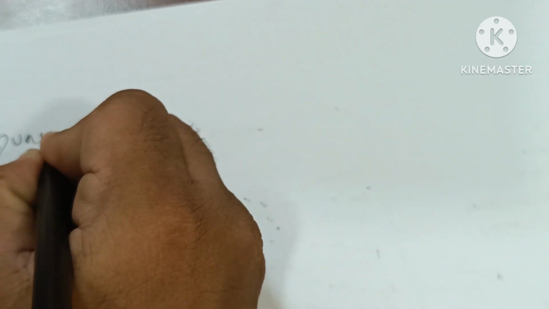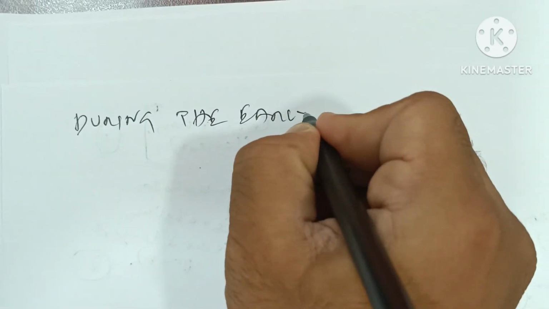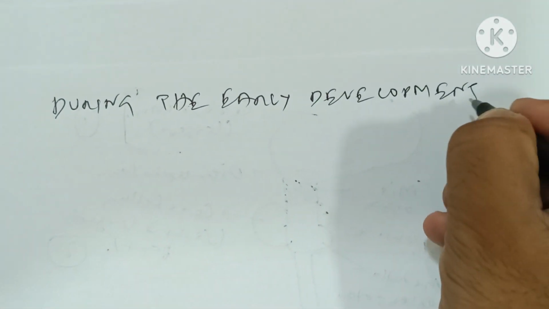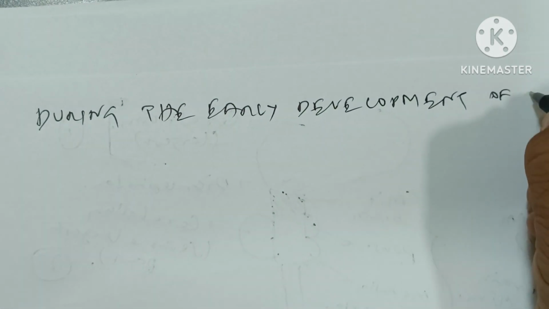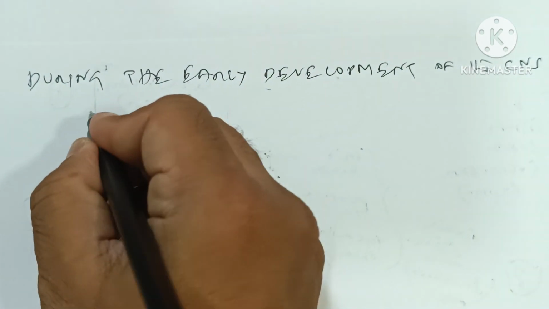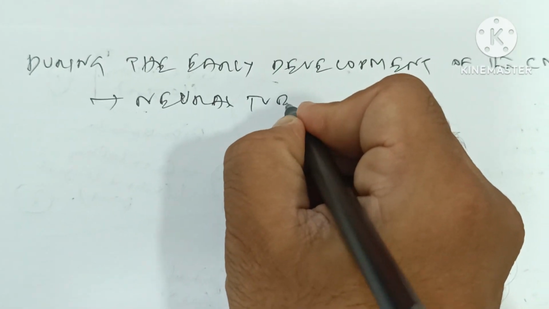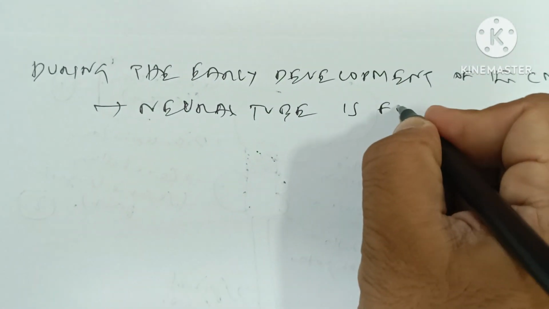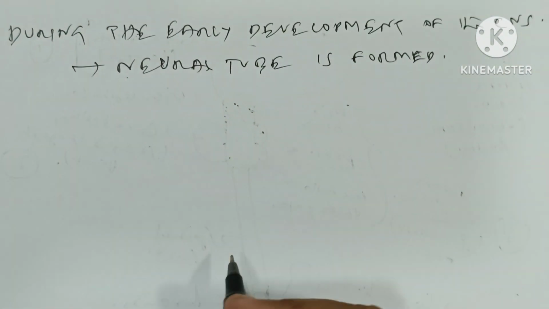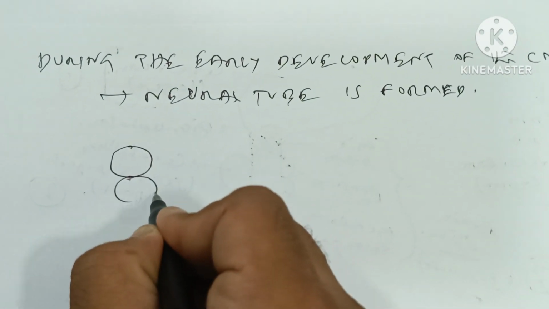During the early development of the central nervous system, the neural tube is formed. The neural tube has 4 subdivisions.